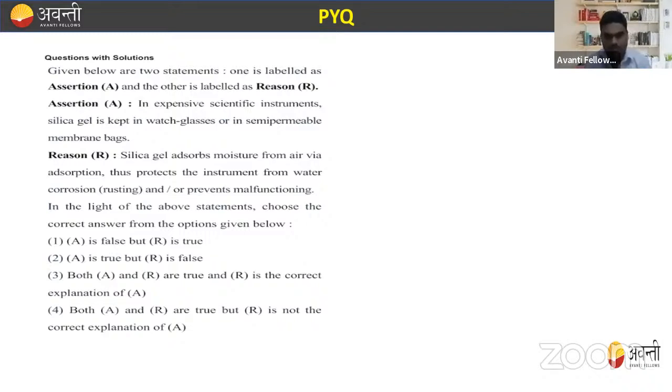Reason: silica gel absorbs moisture from the air, thus protecting the instrument from water corrosion, rusting, or malfunctioning. In the light of these two statements, which one is correct and which is the good explanation of the other? So you have to identify.